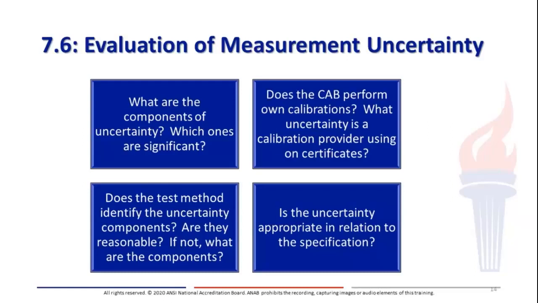And is the uncertainty appropriate in relation to the specification? Now that's a conversation where we may have heard the term test uncertainty ratio, where the uncertainty is a certain percentage of the specification.